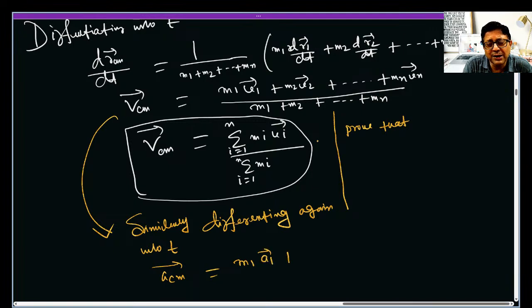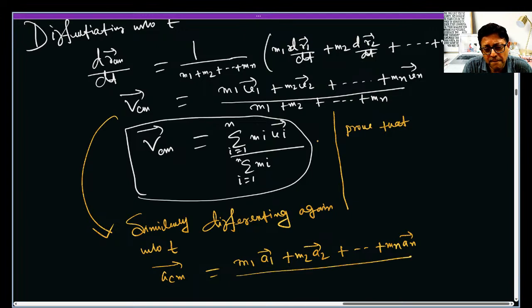It will be (m1a1 plus m2a2 up to mn) divided by (m1 plus m2 up to mn). Agree or not? Acceleration of center of mass done. Now I can ask you this question.